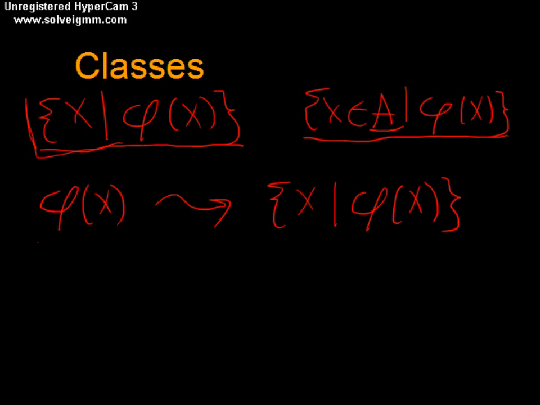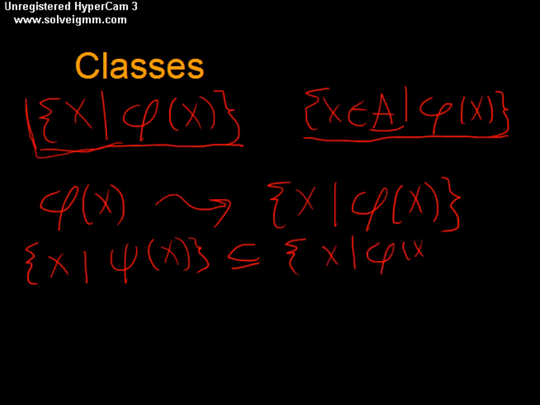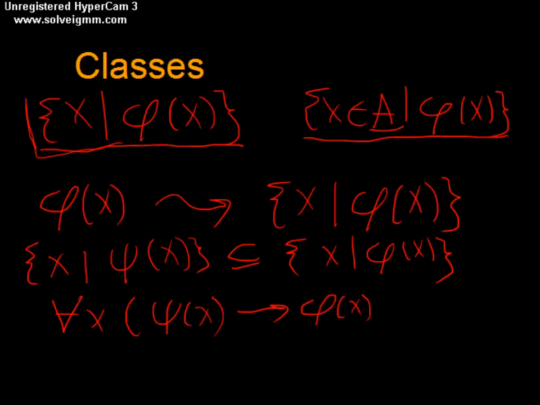We define two classes to be a subset of each other. So a class of all x such that psi x holds will be defined to be a subset of the class of all x so that phi x holds, if the following is true: if for all x, if psi x holds, then phi x holds.